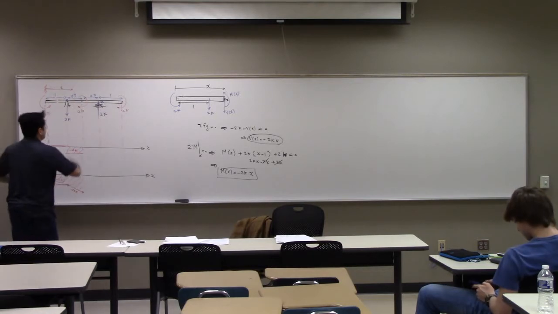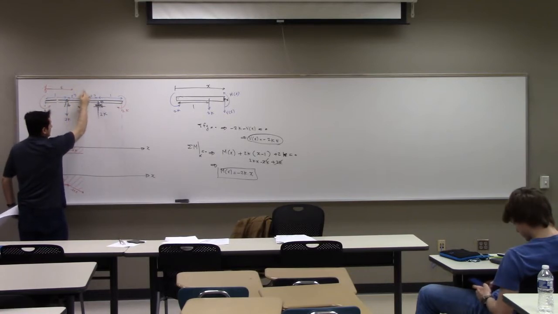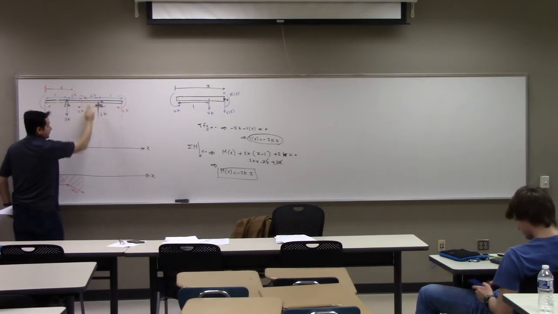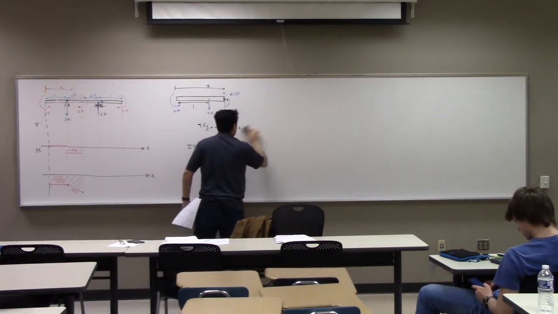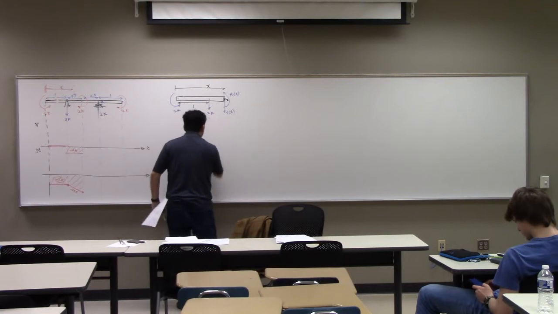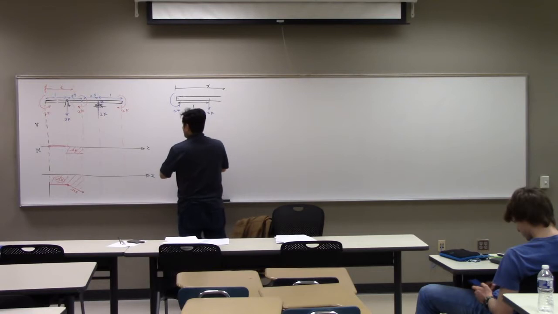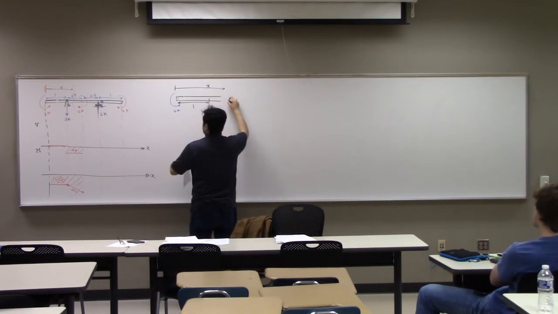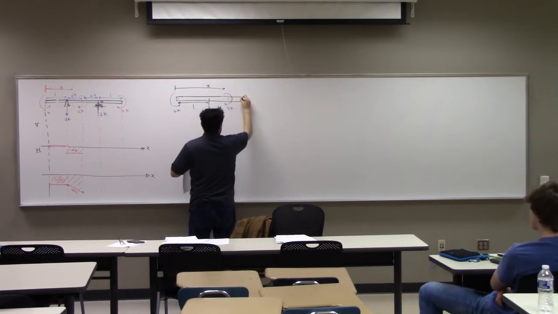Now, we continue extending this x from 1.5 to 2. So if I do that, I don't erase everything, I just incorporate the part that I'm missing. Then I also have to consider this 2K bending moment, and extend that a little bit such that it passes through this 2K.